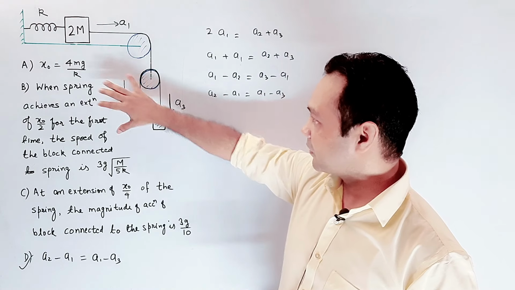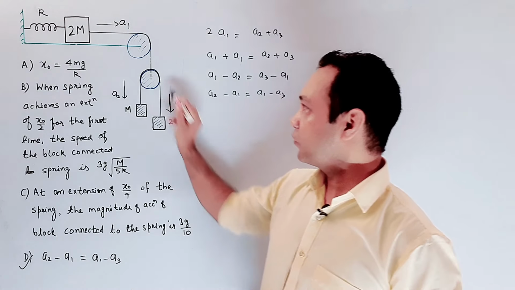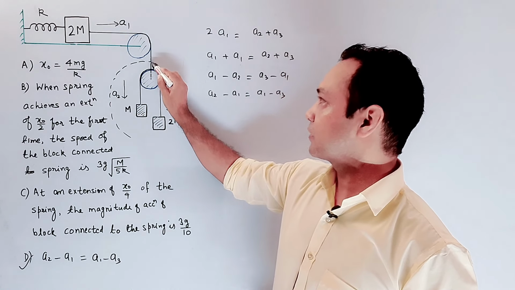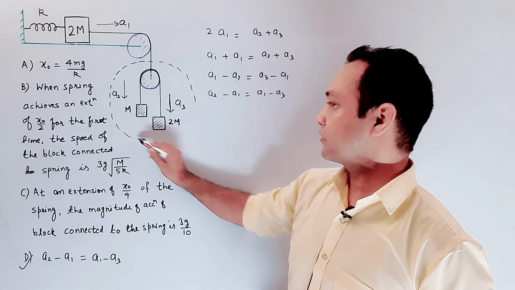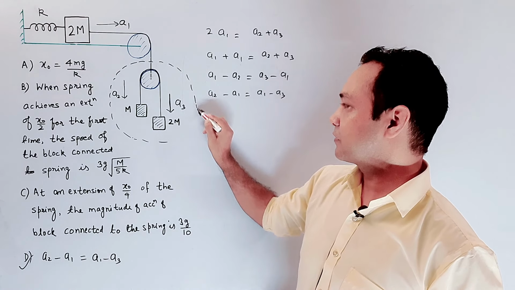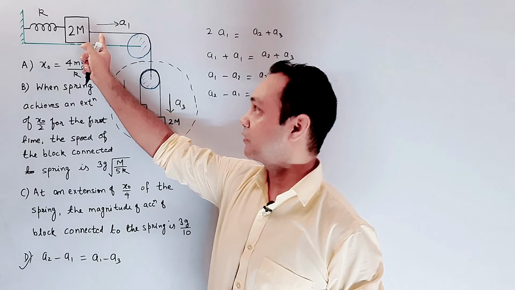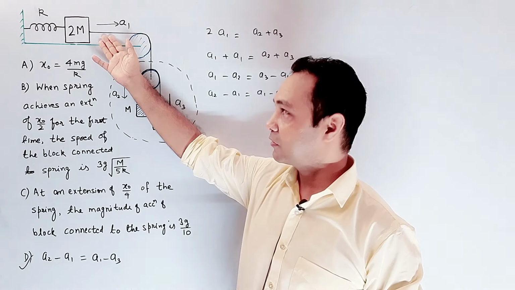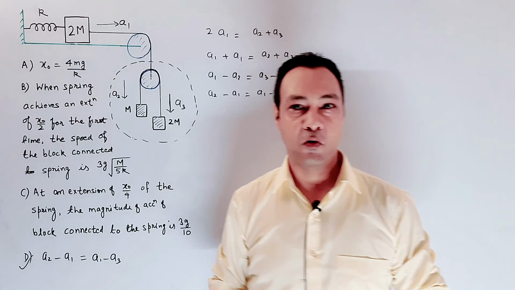So in place of this whole setup, I want to replace this pulley and the two masses with a single mass, such that the tension on this string does not change. And if that does not change, the motion of this block will not be affected.